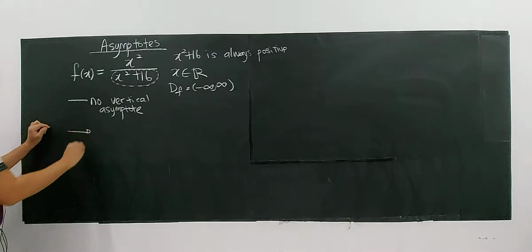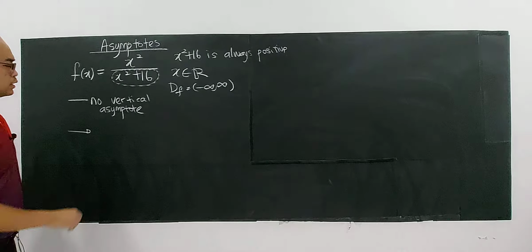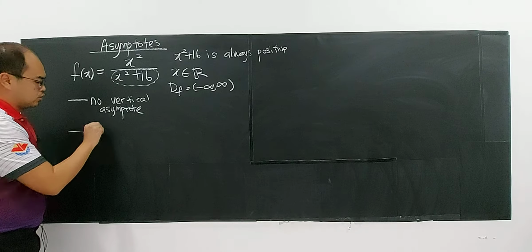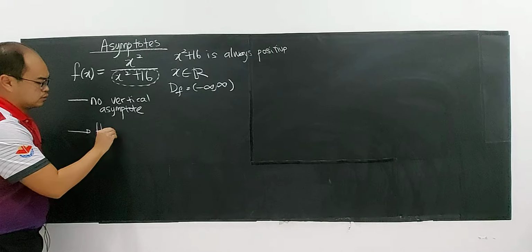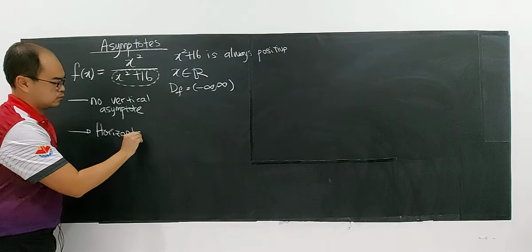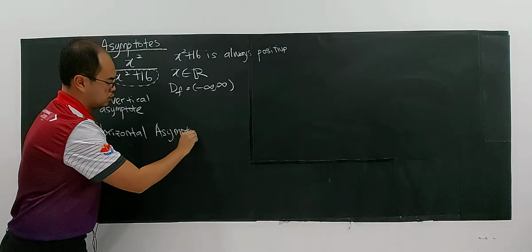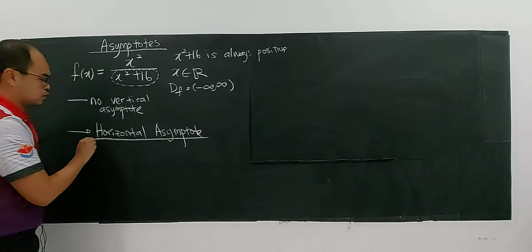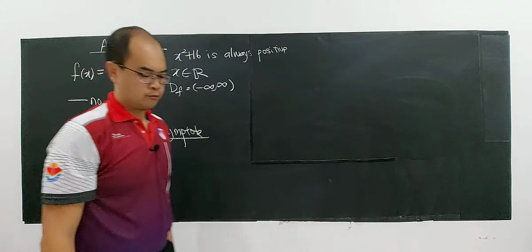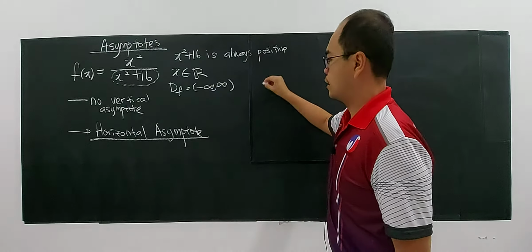But there may be a horizontal asymptote. So now we consider horizontal asymptotes. For horizontal asymptotes, we have to consider the limits at infinity.